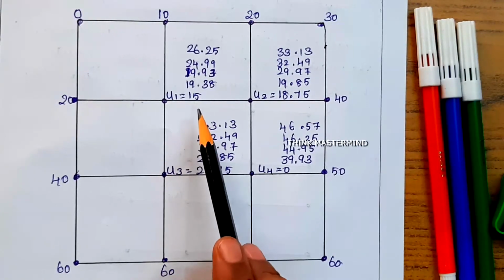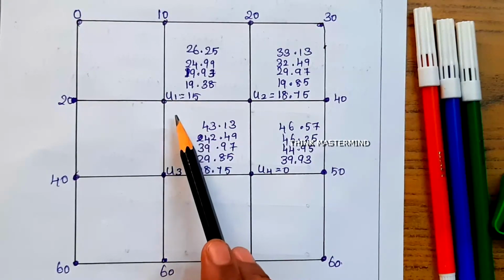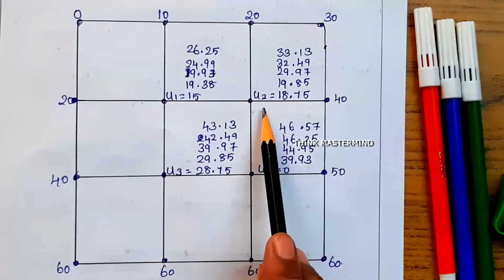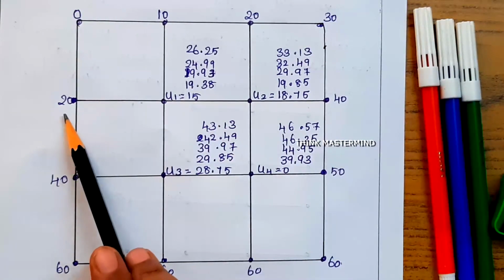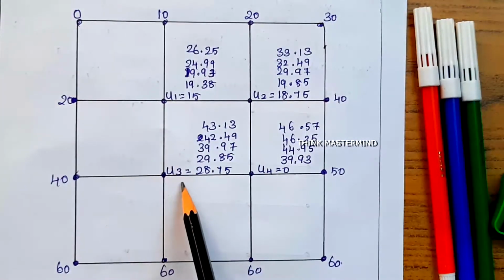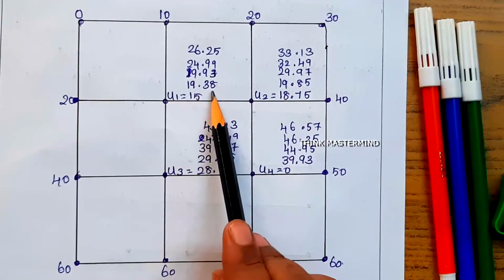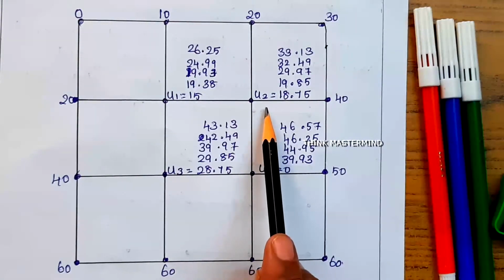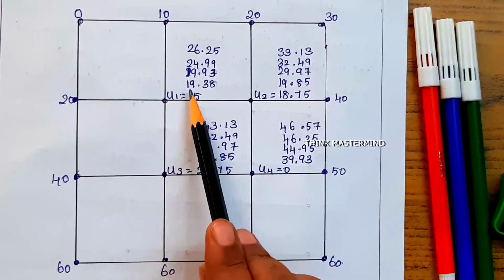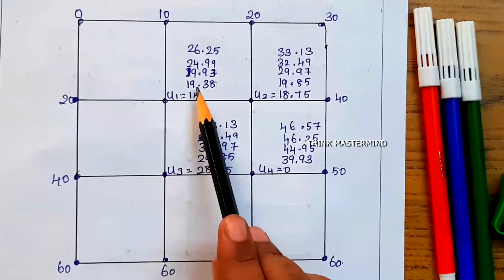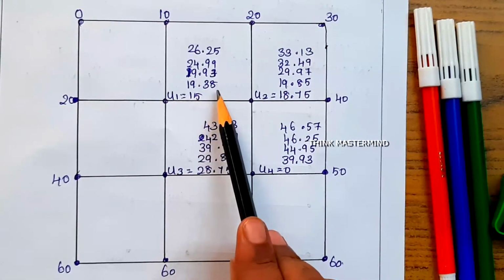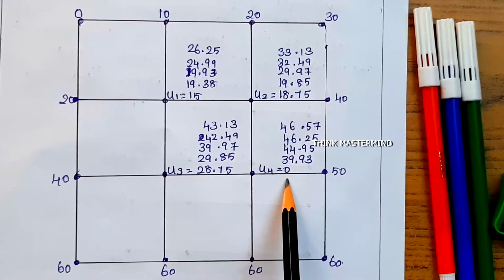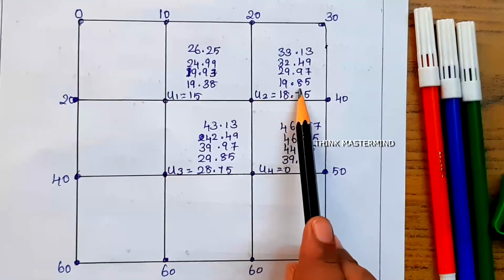Again use the standard 5-point formula to find the u1 value. That is, u1 is equal to 1/4 times (u2 + 20 + 10 + u3), that is 19.38. To find the u2 value, again use the standard 5-point formula, taking the latest value of u1, that is 19.38, plus 20, 40, plus u4 which is 0, that is 19.85.